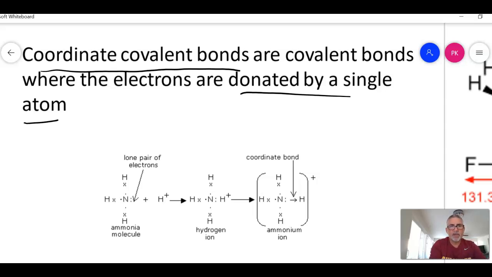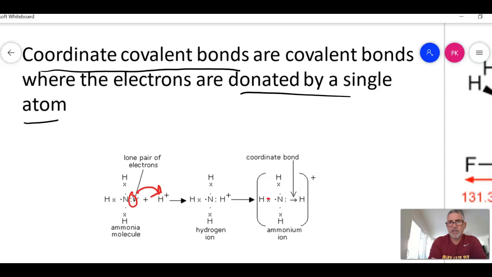So if you look at ammonia here, the ammonia molecule, right, is an octet because I have 2, 4, 6, 8, right? But it's next to a hydrogen ion, and a hydrogen ion is very reactive, and it makes everything unstable around it, right? So this nitrogen will share both of its electrons with hydrogen.